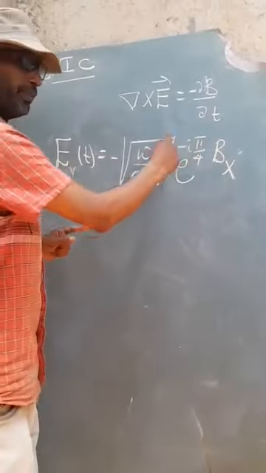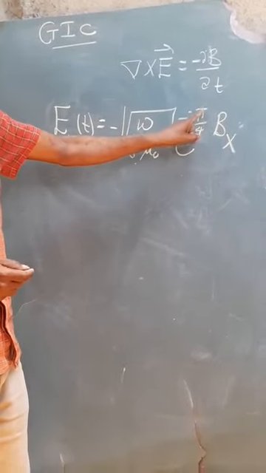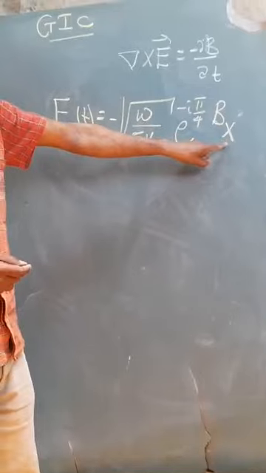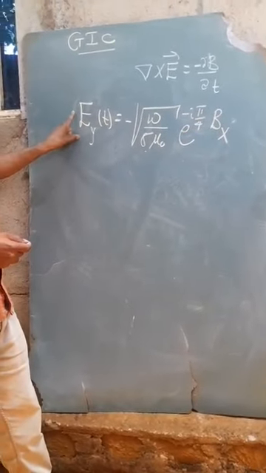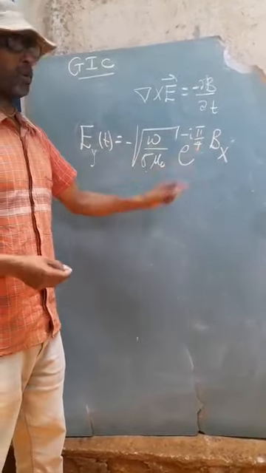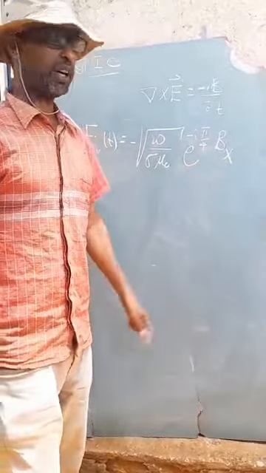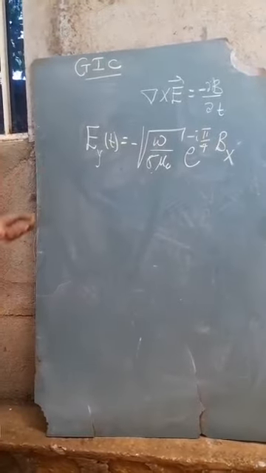The phase shift between the geoelectric field and the geomagnetic field is pi over 4, or nearly 45 degrees.